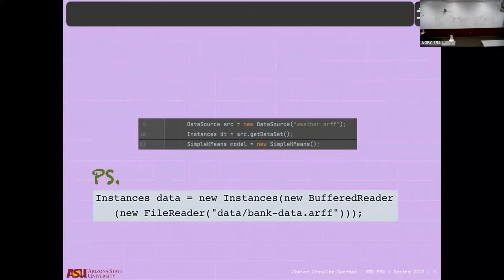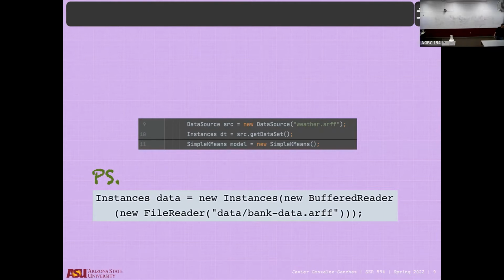But also you can create instances using in the constructor as an input a buffer reader with a file reader. And I am sure that you're familiar with these two guys. File reader, buffer reader. The common classes in Java that you use to read text files.